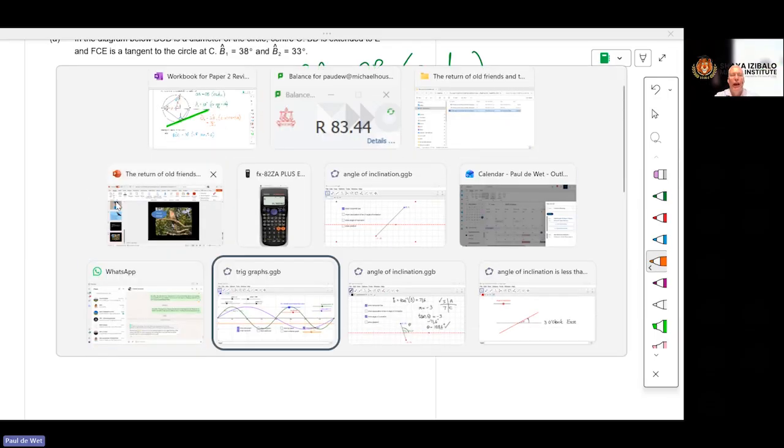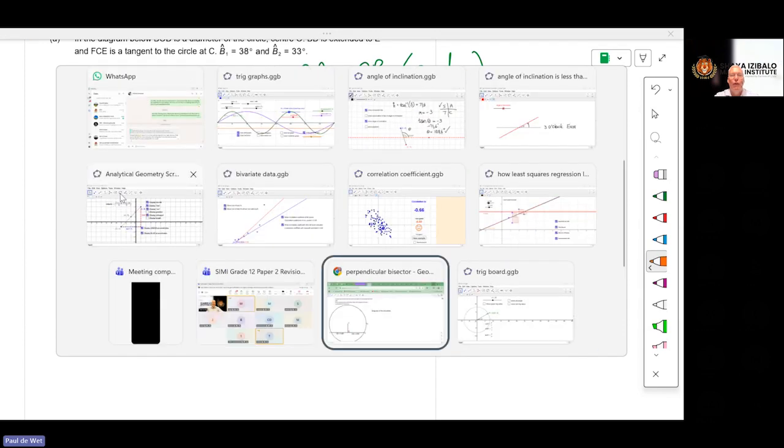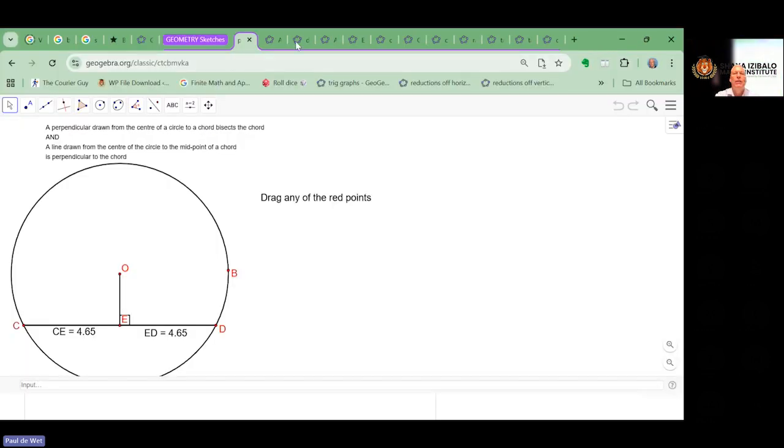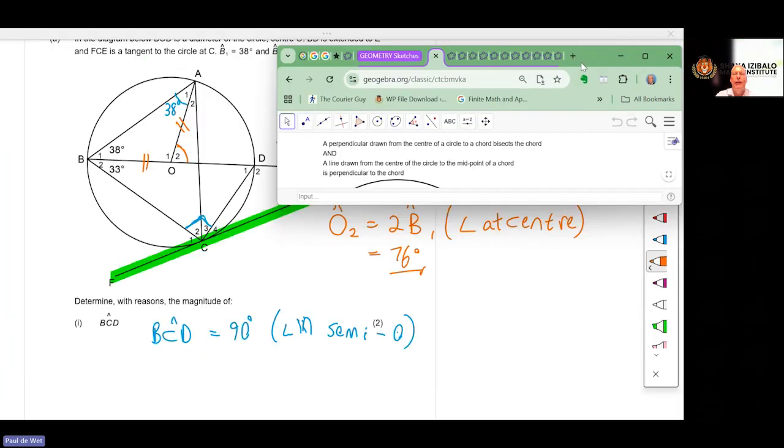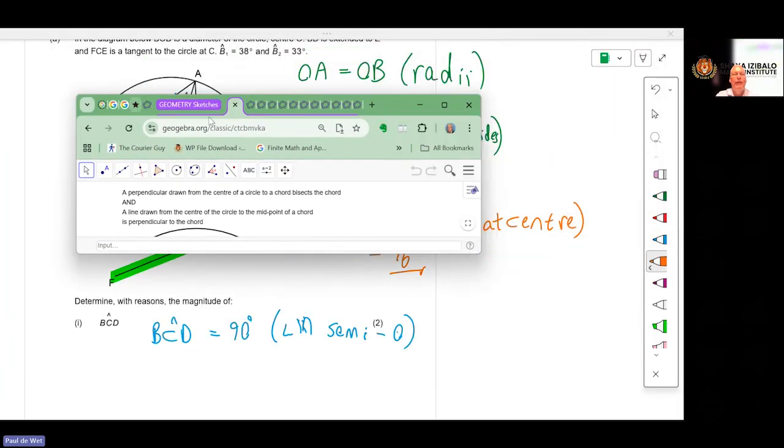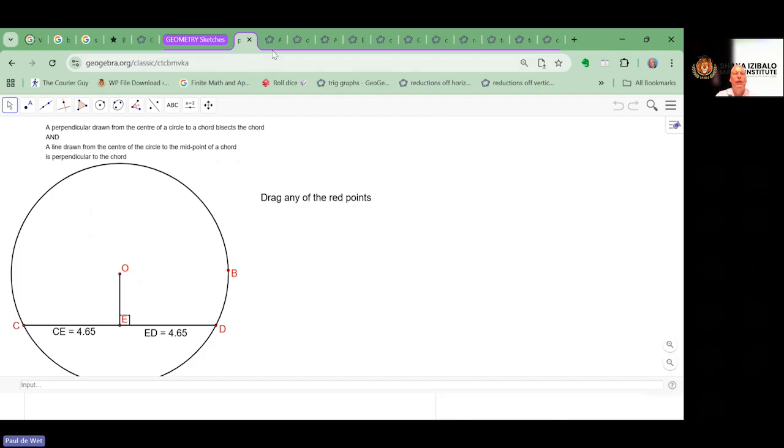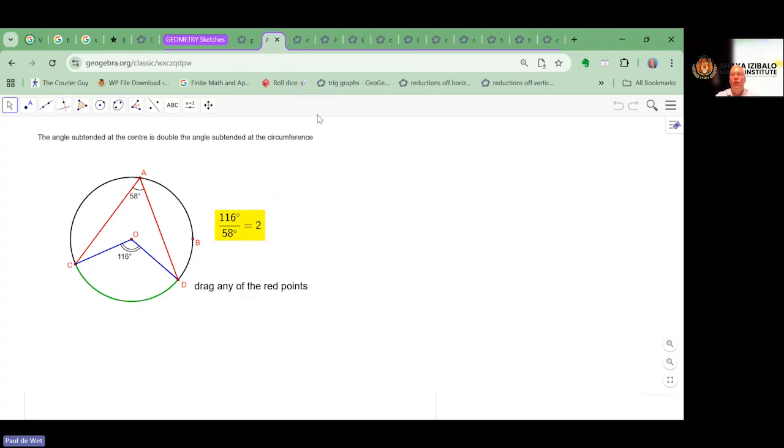And it's a really important sketch because there are so many different flavors of the angle at the center. So we've had a learner online asking about isosceles triangle.